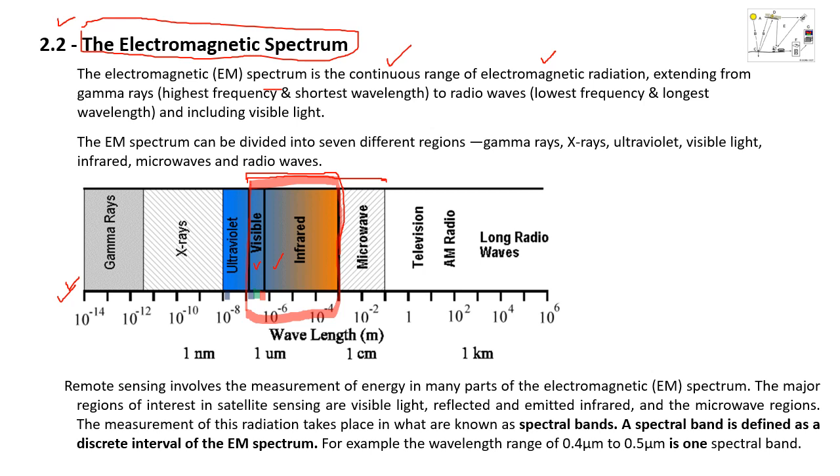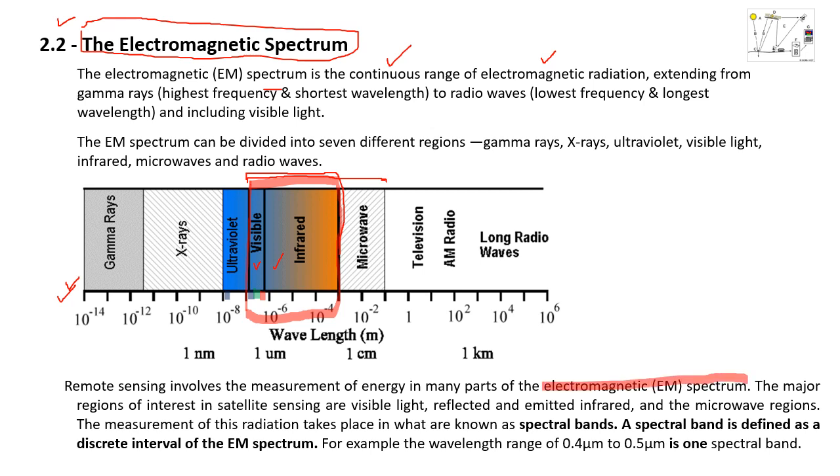The visible part does not mean that it is right from 0.4 micrometer to 0.7 micrometer only. Here and there, a little bit, there are some characteristics of visible light. So remote sensing involves measurement of energy in many parts of the electromagnetic spectrum.